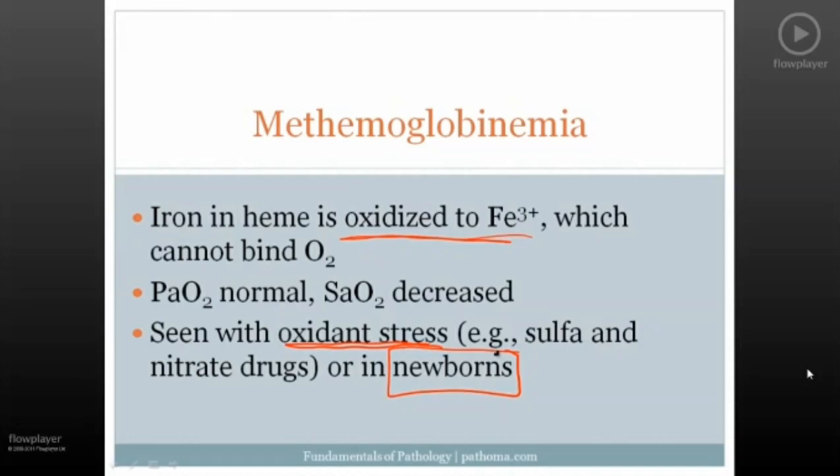And so physiologically, we have enzymes that participate in creating the mediators necessary to reduce iron back to its 2+ state. Now, newborns' machinery to be able to do this is a little bit immature. And so newborns are particularly susceptible to the development of methemoglobinemia.